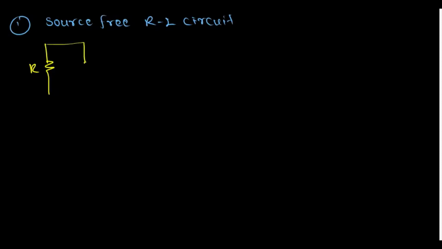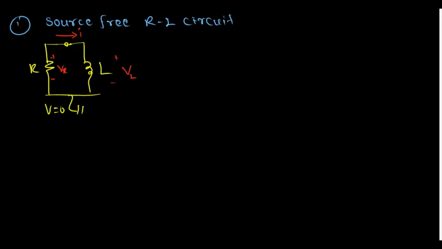I am starting with the source free RL circuit. I'm going to draw the circuit. There is no source, only a resistor R and an inductor L. I took the current through this circuit as I. I'm noting VR across the resistor and VL across the inductor.